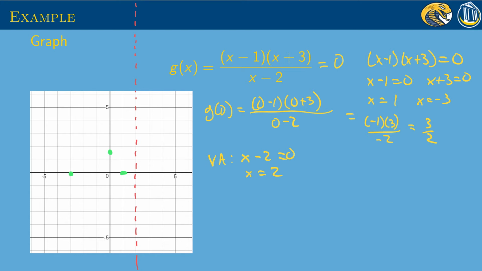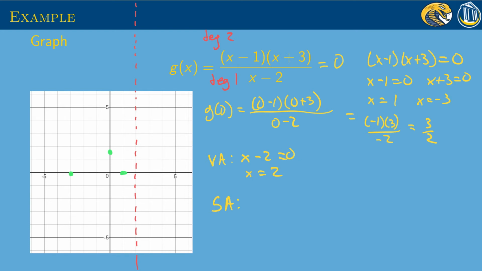Lastly, we care about the horizontal asymptotes, and we'll notice that since the degree of the numerator is 2 and the degree of the denominator is 1, the numerator is 1 degree bigger than the denominator, so we don't have a horizontal asymptote, but rather a slant asymptote.